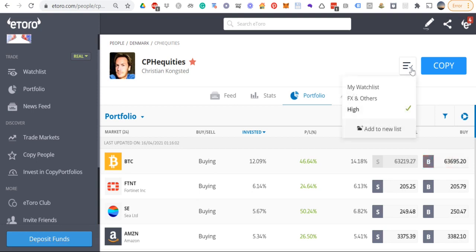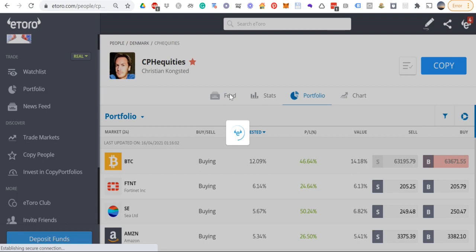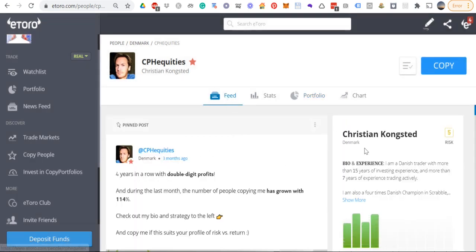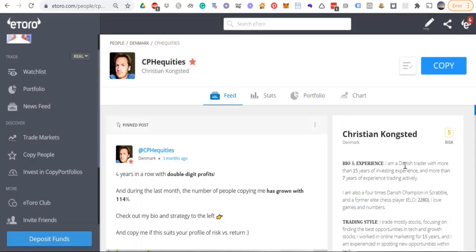So what's a nice little feature here is you can create watch lists. So he's in my high performer watch list. And then the final thing to check is the feed. This is like their home page, and on the right-hand side, they can go over their experience.